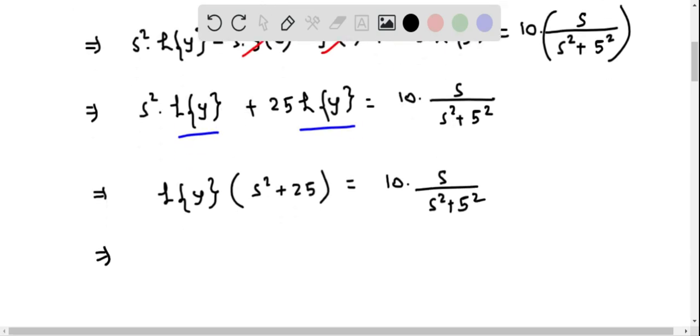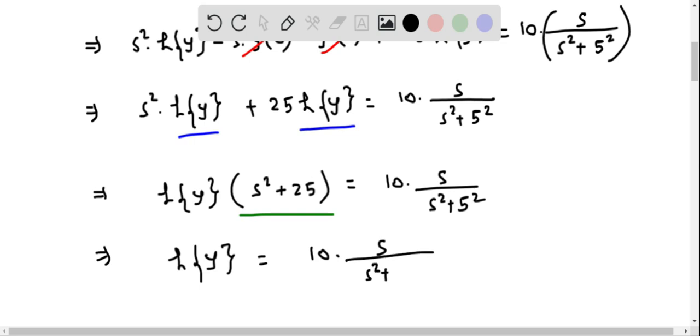Now I divide both sides by this expression, that is s squared plus 25. So this will be Laplace transform of y, and this equals 10 times s over s squared plus 5 squared, which I can write as 25 now, and then divided by s squared plus 25.